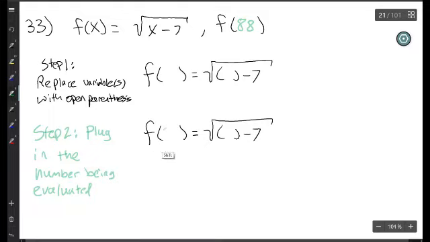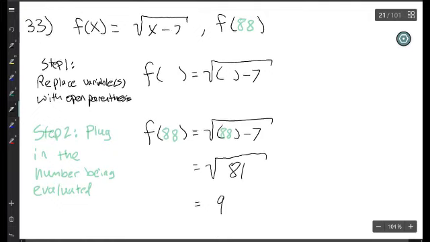So that's 88. That goes here. And 88 minus 7 is 81. And the square root of 81 is 9.